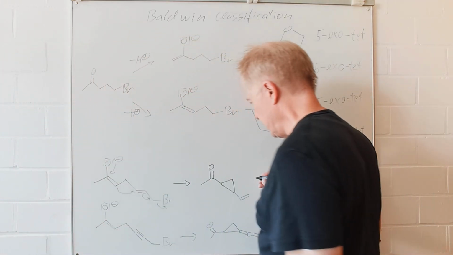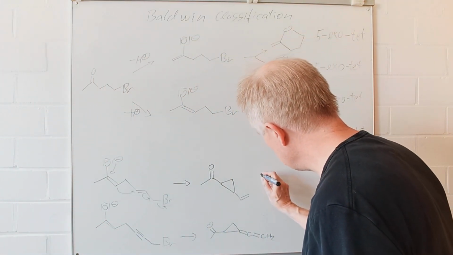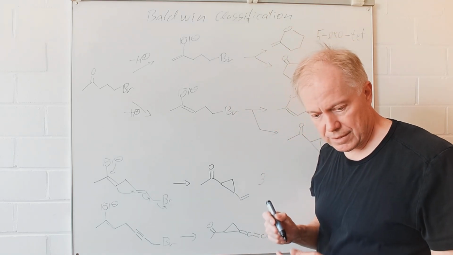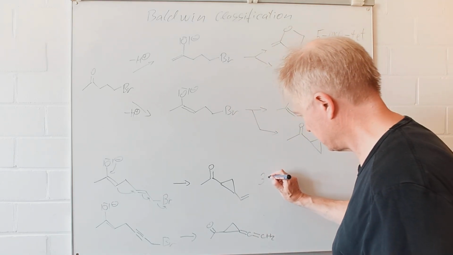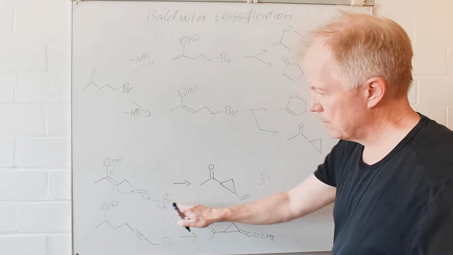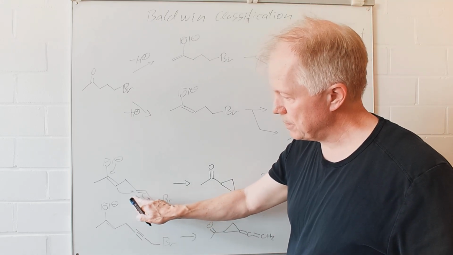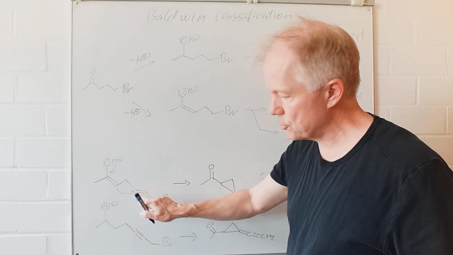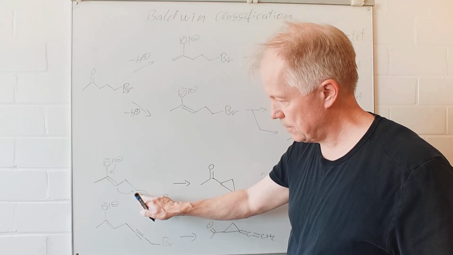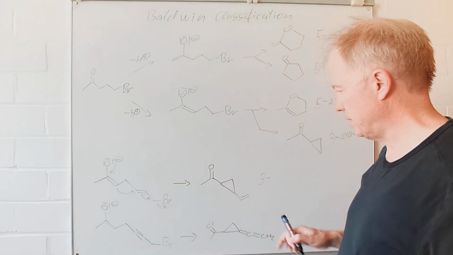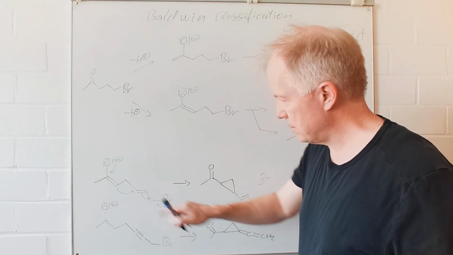So what happened here? Again, a 3-membered ring is formed. The bond that has been broken initially at the position where the reaction starts here is this double bond. It's located outside that ring.